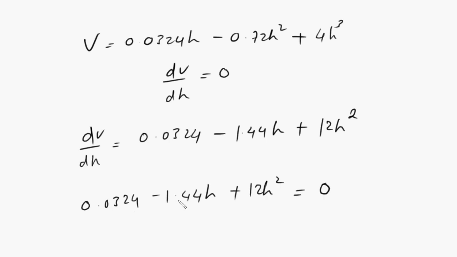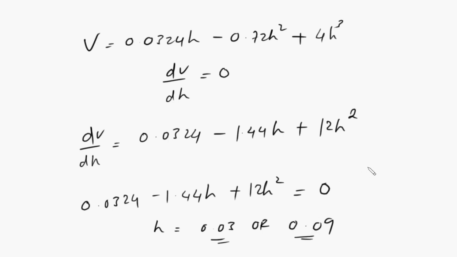Now this is a quadratic equation, so you can use a calculator to get the values of h. I get h equal to 0.03 or 0.09. These are the values of h. Now, will these values of h give a minimum or a maximum value?